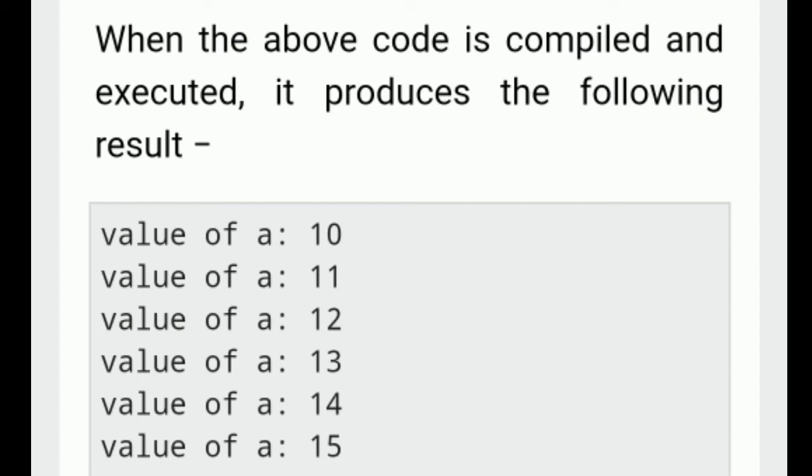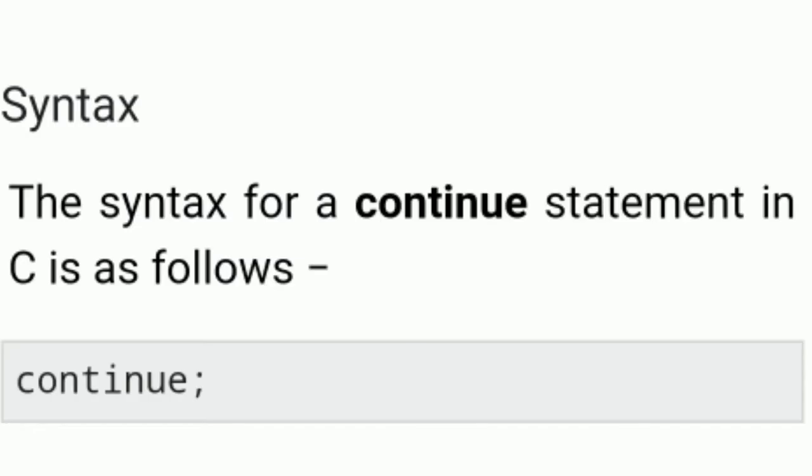Instead of forcing termination, it forces the next iteration of the loop to take place, skipping any code in between. It is not terminating, it is just skipping that iteration of the loop.